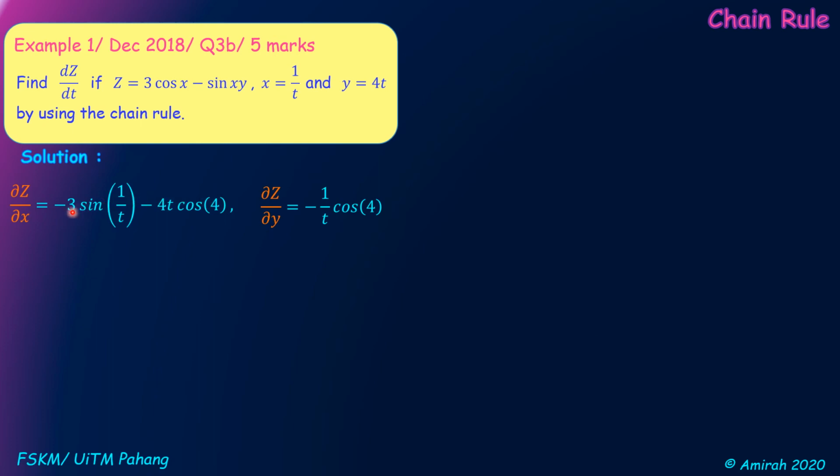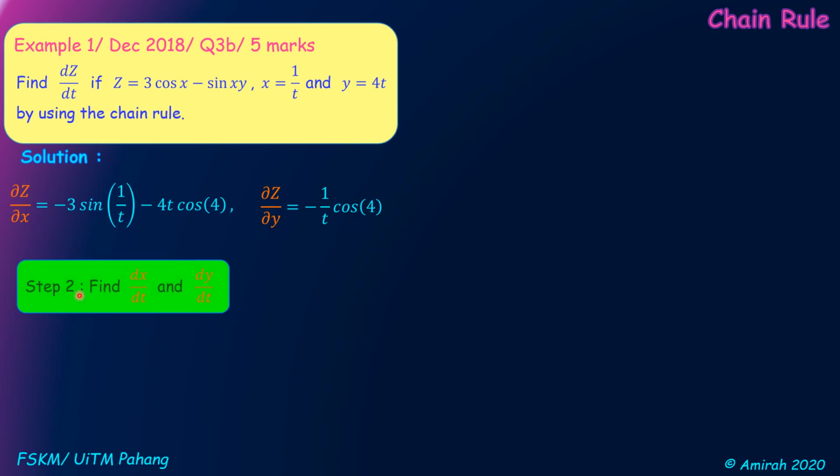From the previous slide, we get del z over del x equals negative 3 sine 1 over t minus 4t cos 4. And we get del z over del y equals negative 1 over t cos 4. So after that, we can continue with step 2. Find dx over dt and dy over dt.